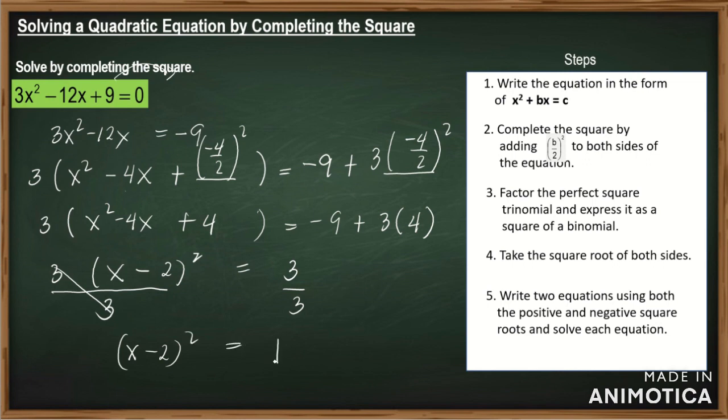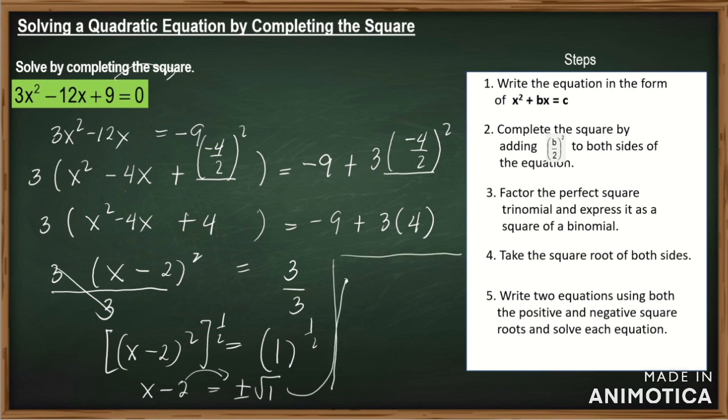Then what we are going to do is raise both sides to 1/2. Then we have now x minus 2 is equal to positive negative square root of 1. And then you're going to transpose negative 2 to the right side to find the solutions.